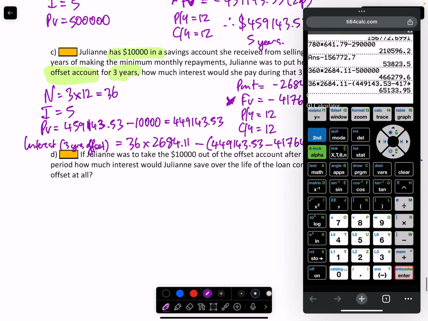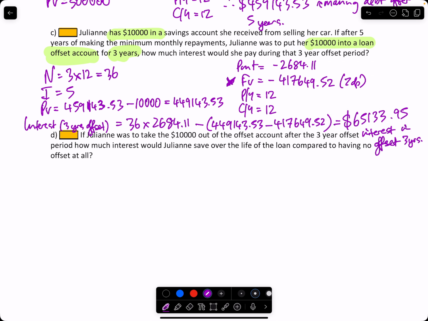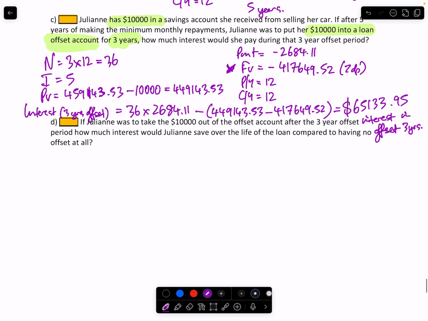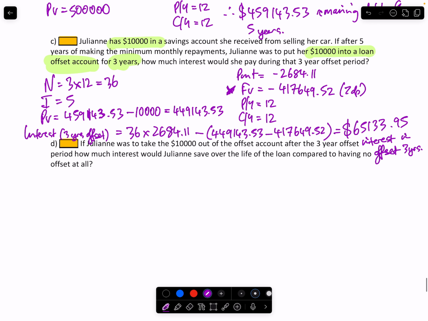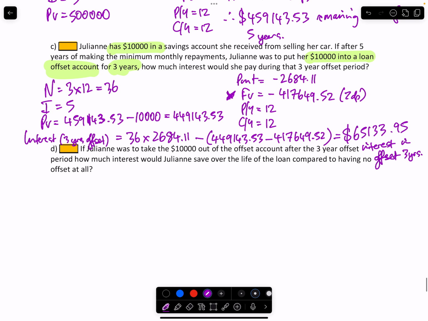If Julianne was to take the 10,000 out of the offset account after the 3-year offset period, how much interest would Julianne save over the life of the loan compared to having no offset at all? Okay, so we need to work out what happens in the remainder of the time after the offset. So we'll work out how long the rest of the loan takes to pay. Interest is 5. PV is, she got the debt down to 417,649.52, but she's withdrawn her offset, so this grows by 10,000.